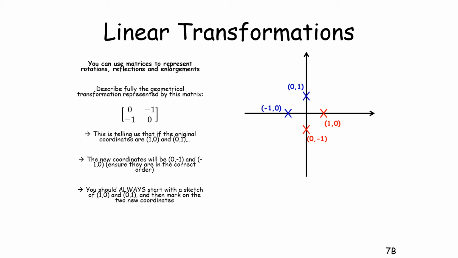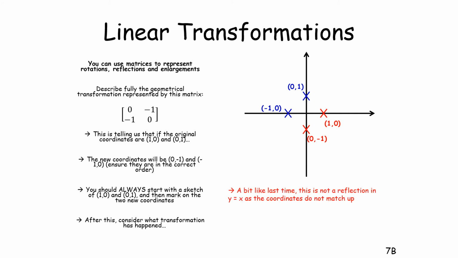And this has all been color coded here for you. After this, we're going to consider the transformation. A bit like last time, this is not a reflection in the line y equal to x, as the coordinates do not match up. If you look at the coordinate 1, 0, and this is 0, 1, this is clearly not a reflection in that line.